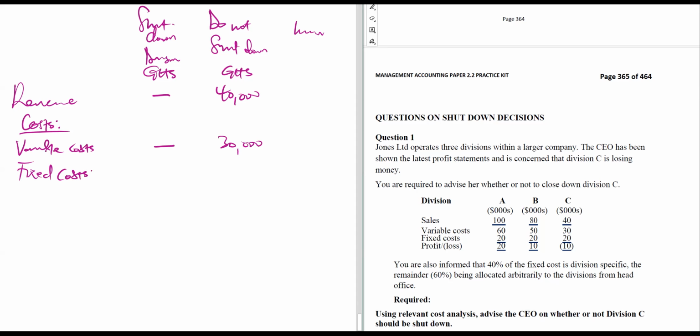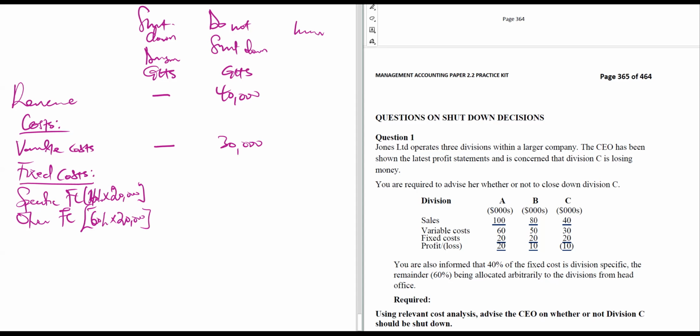So we can break our fixed cost up. Specific fixed cost, right? Which is 40% of the 20,000. And that means other fixed cost is 60% of the 20,000. True or false?